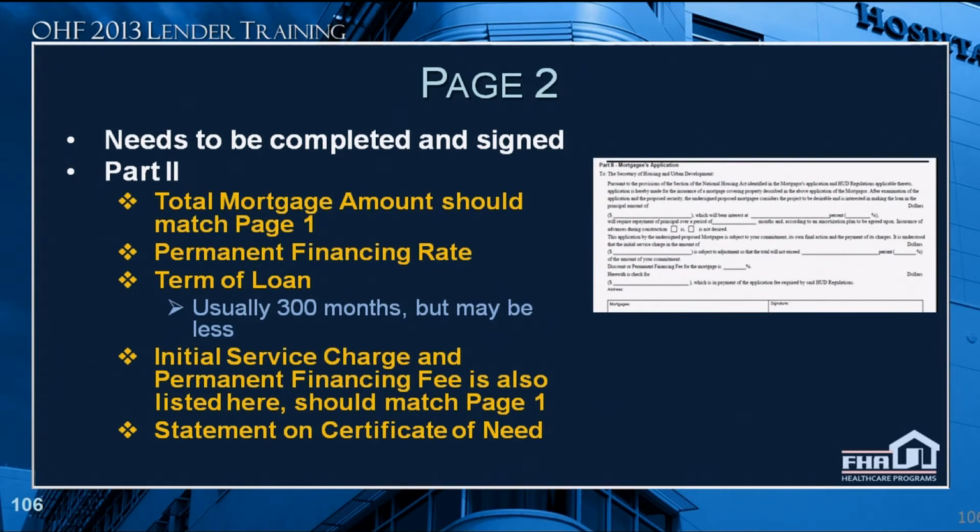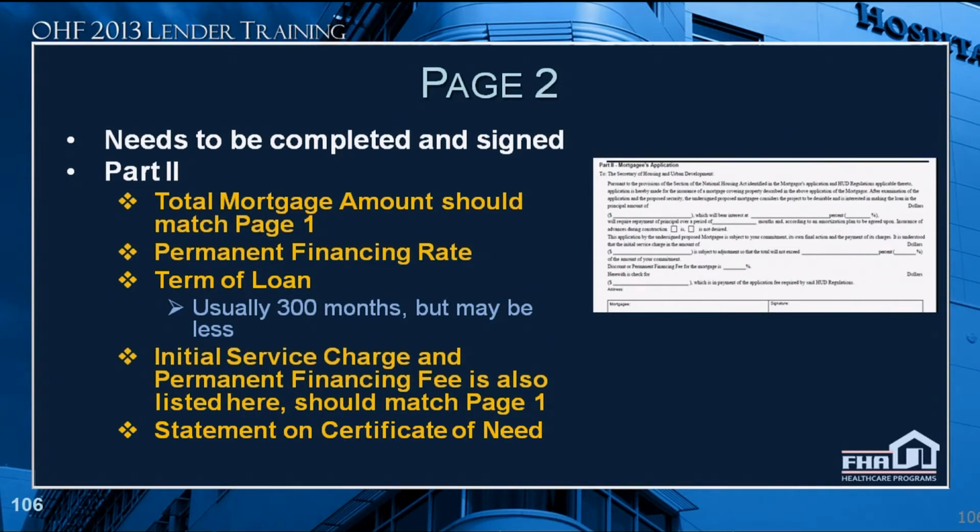The term of the loan is usually 300 months because it's 25 years, but I gave you one case where, if it's a 241 for equipment, it might not be in there. I know of a case where they had seismic concerns, and the hospital would not meet the seismic requirements after 20 years. So it was a 20-year loan, not a 25-year loan.